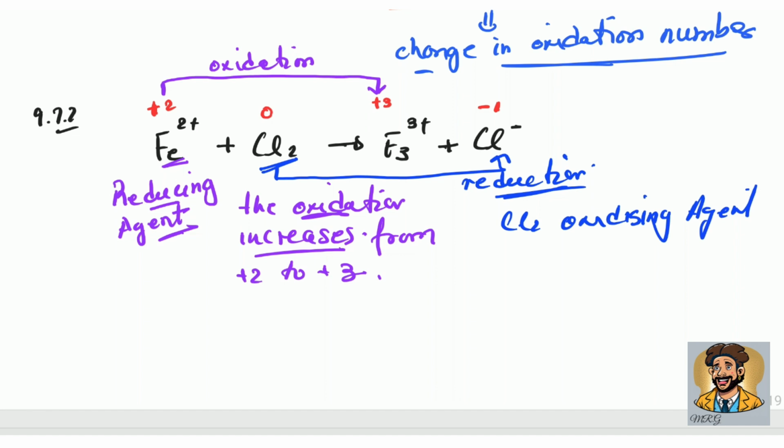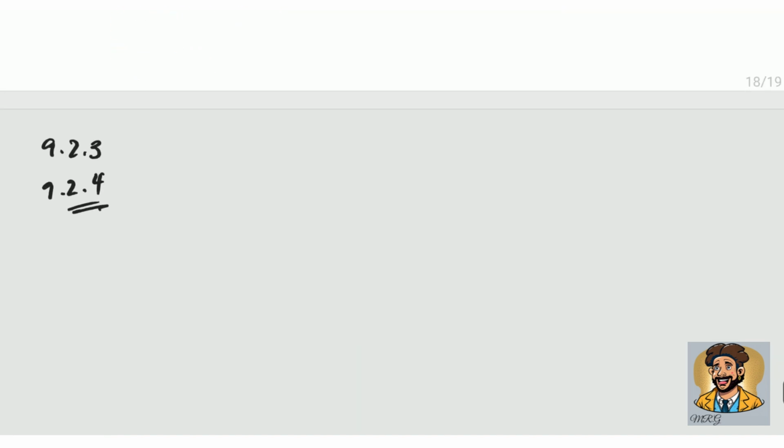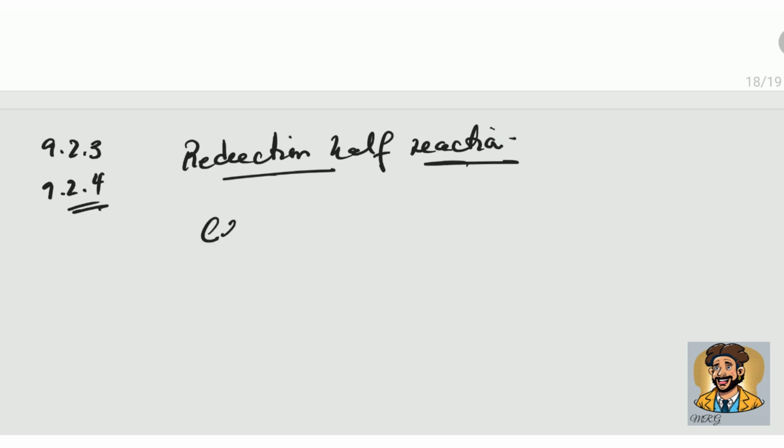Reduction. What do you have on the left-hand side? Cl2, and then it's going to Cl minus. So for reduction, let's write it here. Reduction half reaction. So we have Cl2, that is 0, and that is going to Cl minus.